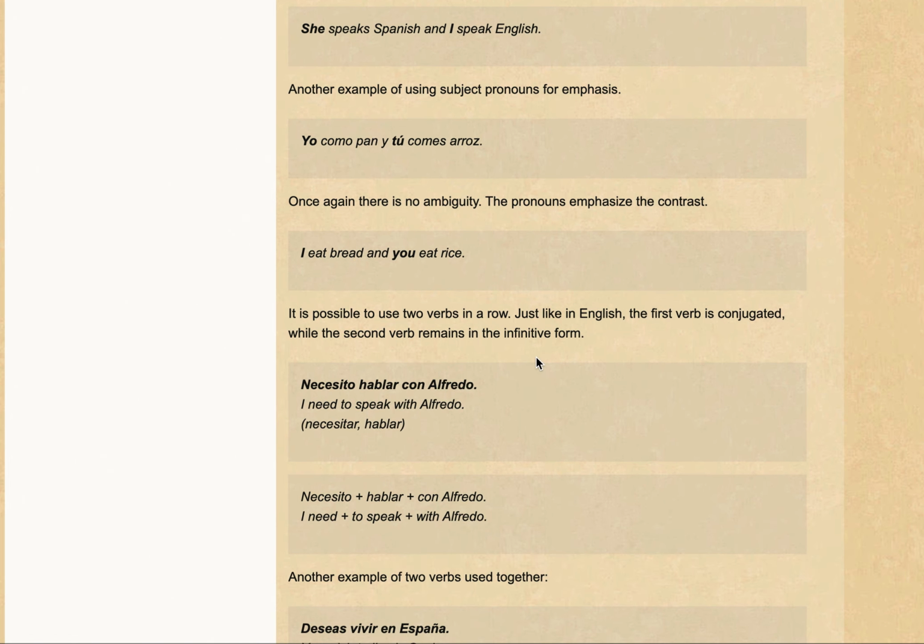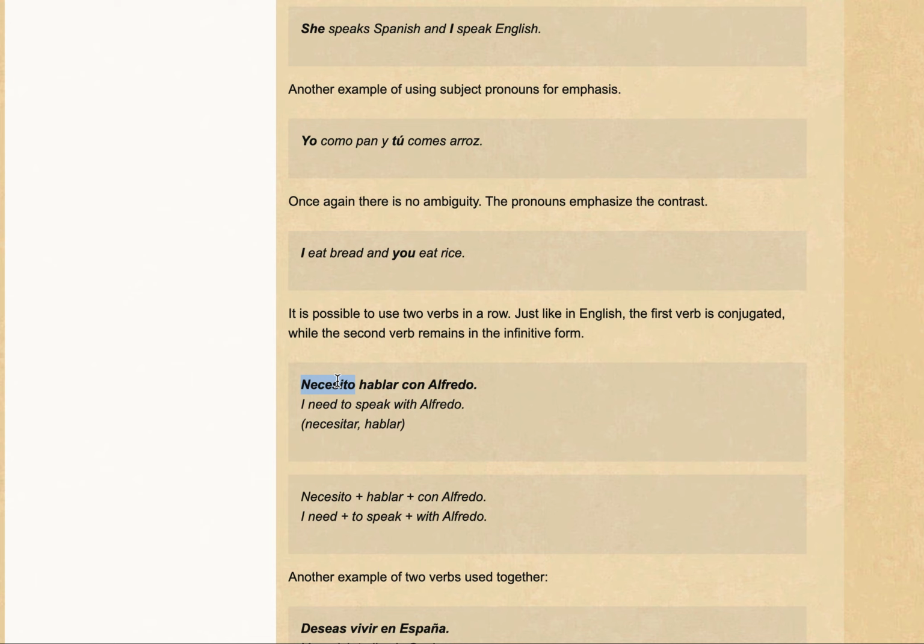The third one that you saw is that it's possible to use two verbs in a row, where the first verb is conjugated, while the second verb is in its infinitive form, a regular form that you've seen so far. For instance, we have necesito hablar con Alfredo, and here we see that necesito is conjugated with an implicit yo.